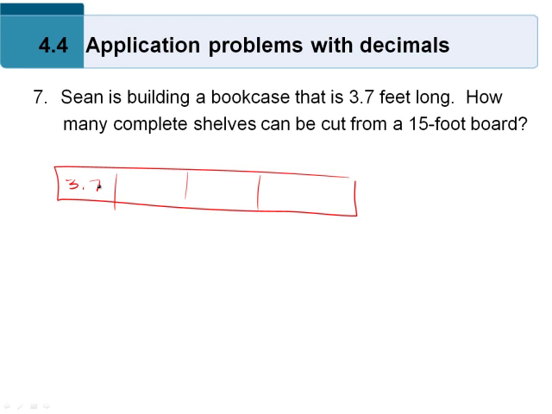You take 15 and you divide it by 3.7. 15 divided by 3.7 turns out to be 4.05. So technically you could have a little bit more than 4, but you can only get 4 complete shelves, because there's a little bit left over. There's not enough for 5, so you could get 4 shelves out of that piece of wood.